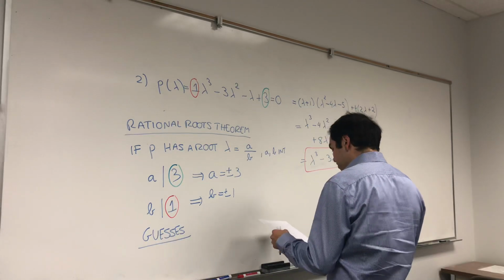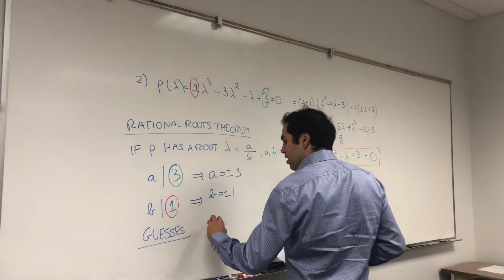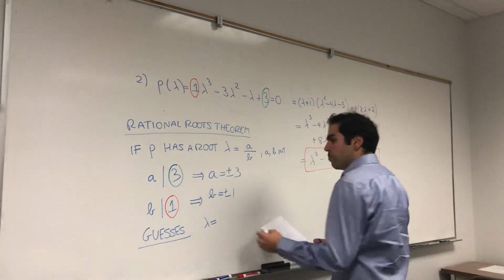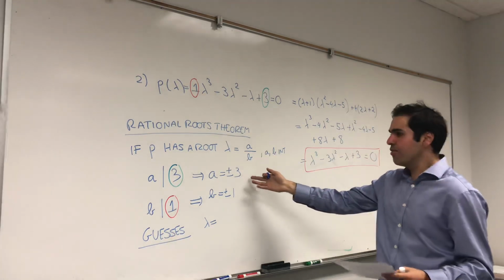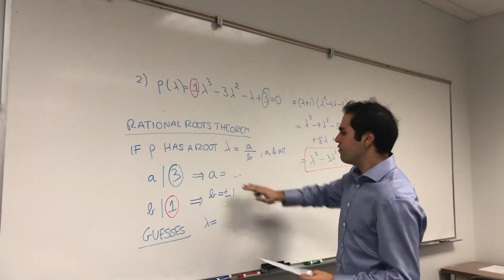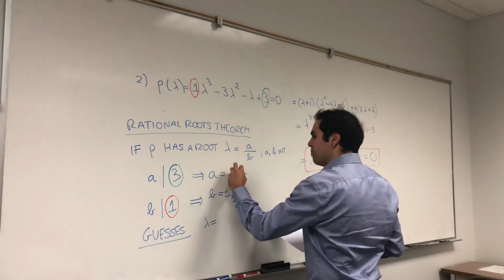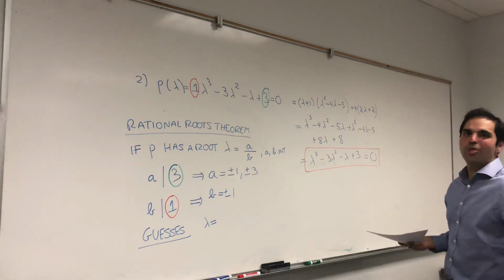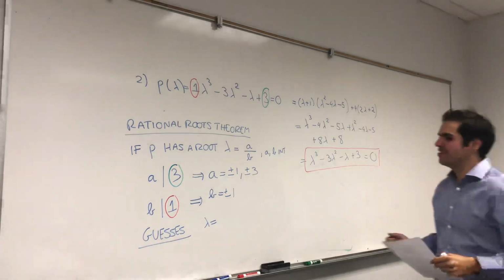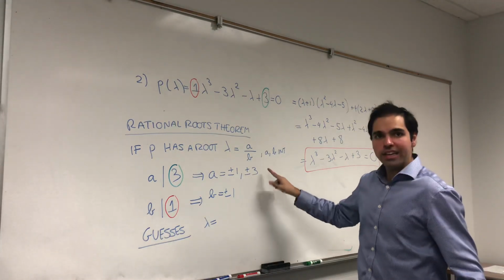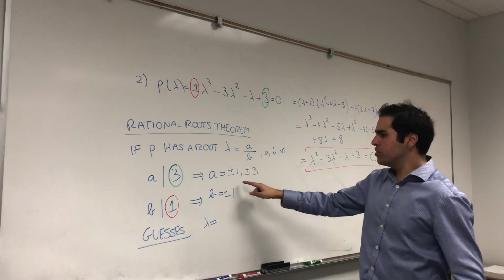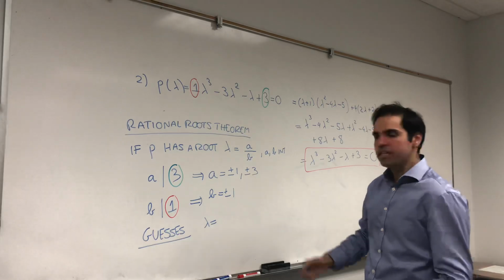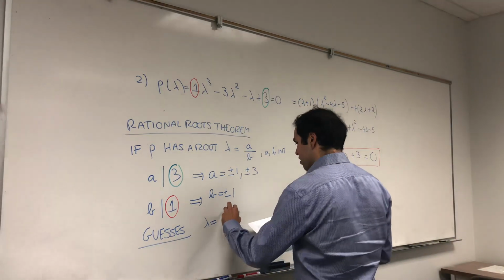Okay. So what possible fractions are there with, sorry, I forgot to say. Well, of course it's plus or minus 3, but also plus or minus 1. That's very important. Also 1 divides 3 and minus 1 divides 3. So, what possible guesses are there? Well, there's a guess with a is 1 and b is 1, so 1.